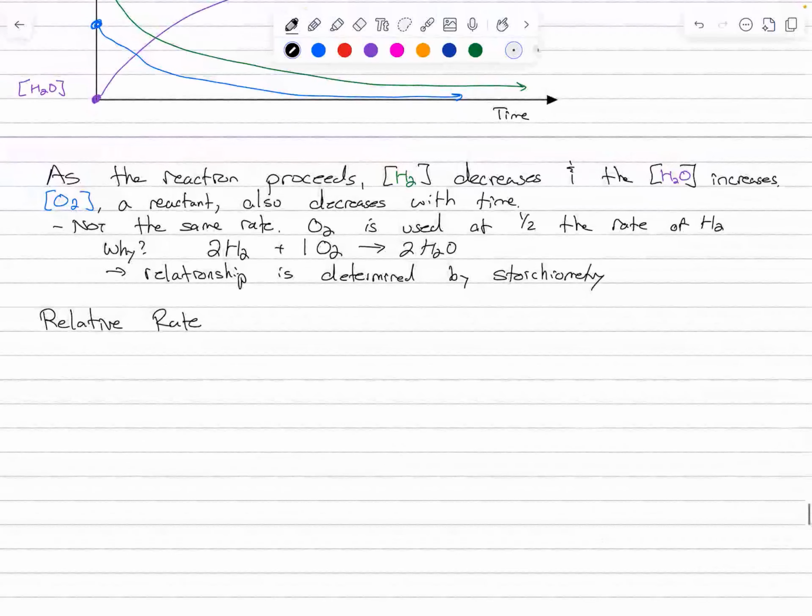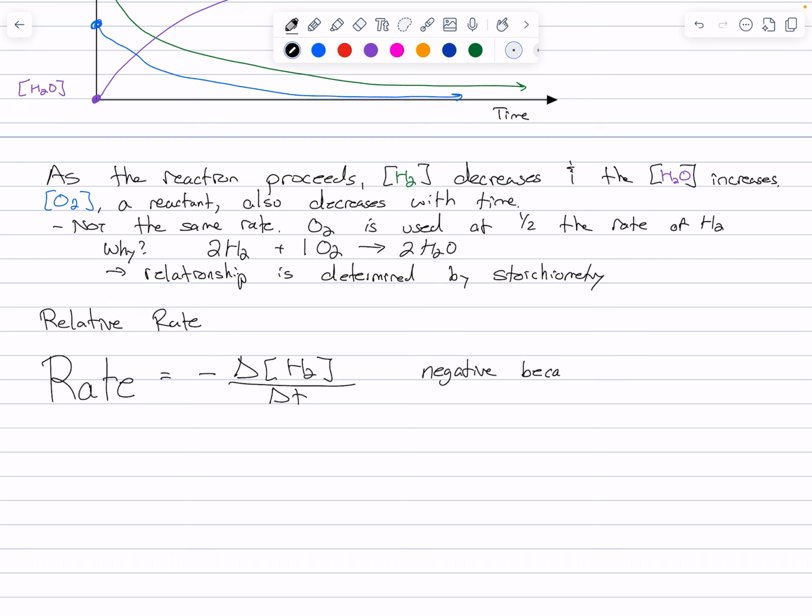The rate would equal the negative change in concentration of H2 over the change in time. It's negative because the concentration of H2 decreases.